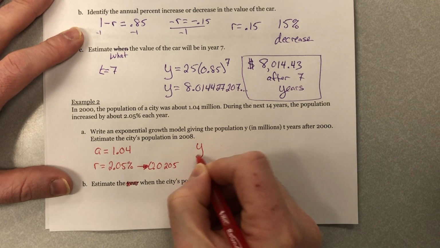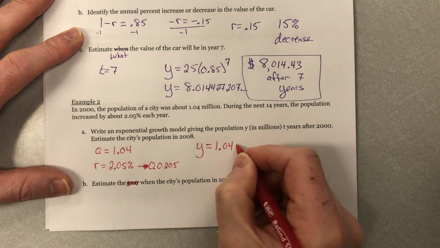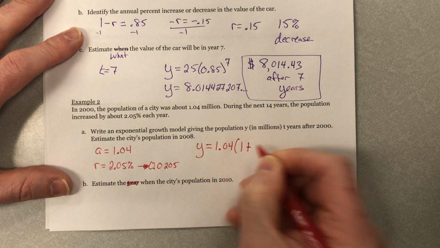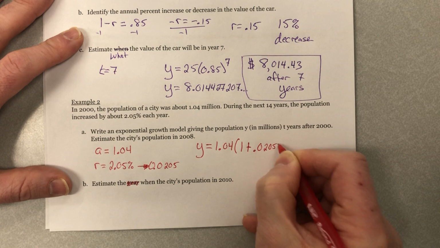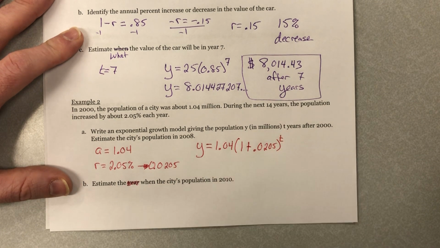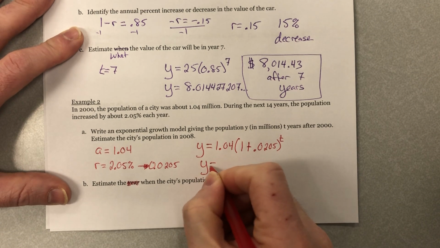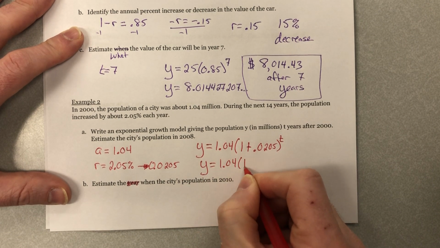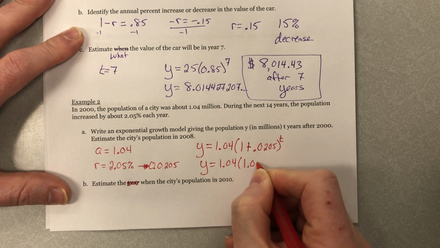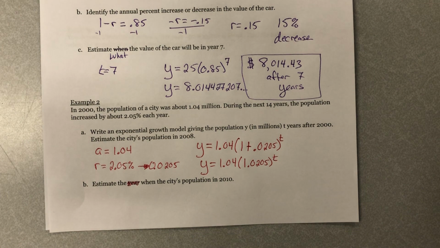So we would say y equals 1.04 times 1 plus our rate as a decimal, all to the t. So to simplify that, we would just say 1.04 times 1.0205, all to the t.